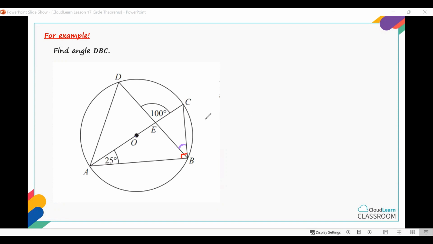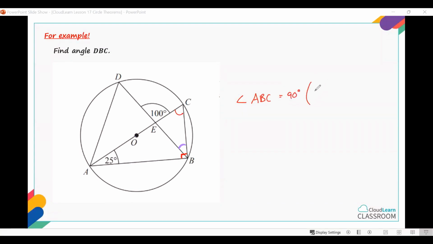Anything else that we know from this? Who can tell me what this angle here is? ACB. I'm going to write this down as though we were in an exam. We're doing our proof. So I'm going to use the angle ABC is equal to 90 degrees.